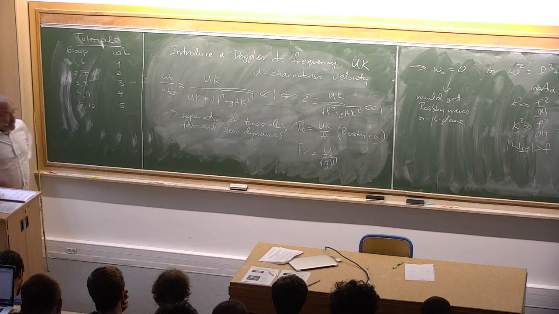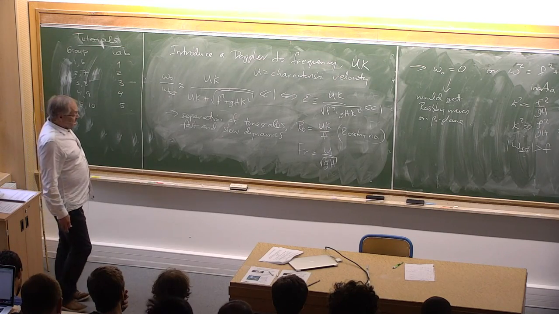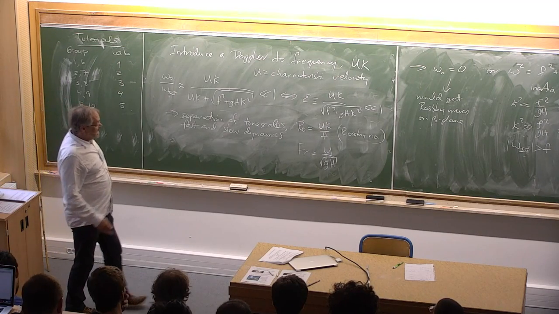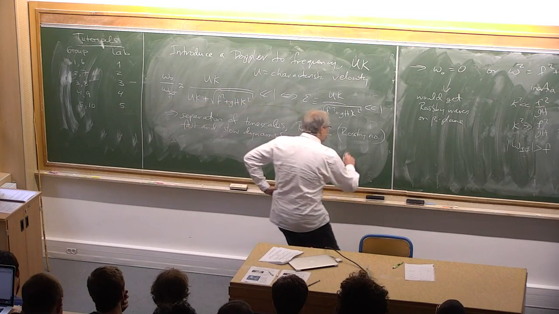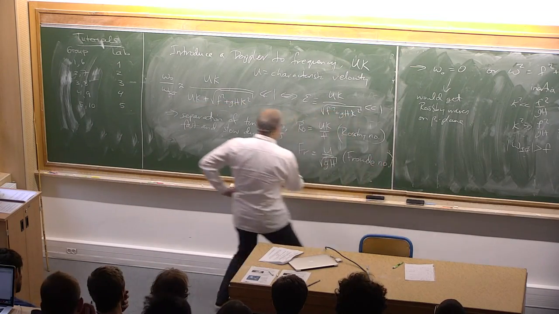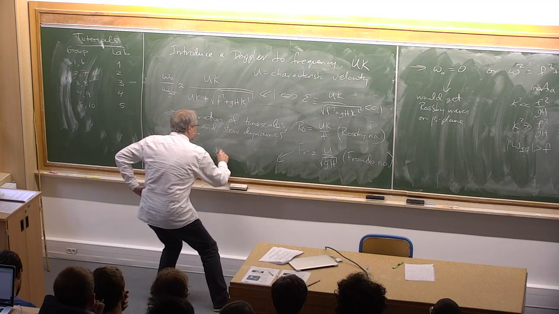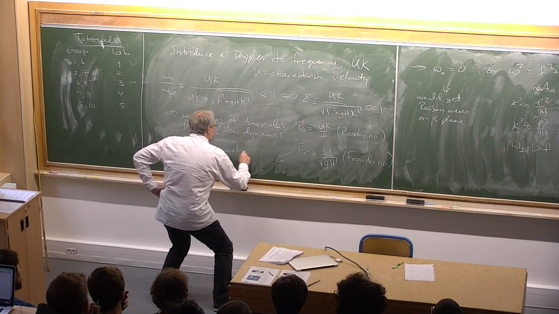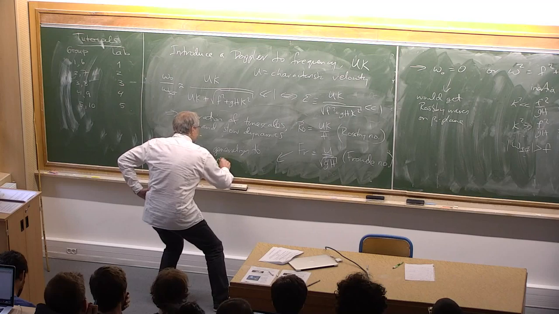So it's like the Mach number. It's analogous, and so this is the Froude number. And importantly, this also generalizes to a vertically stratified flow.